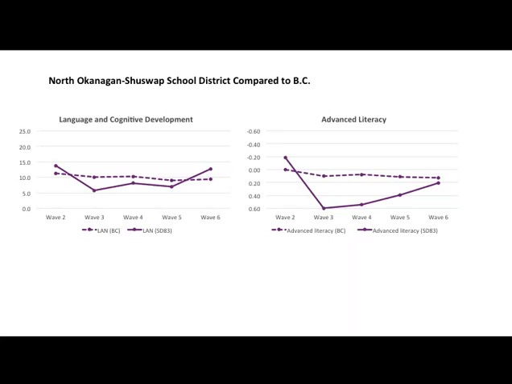It improved by an enormous amount between wave 2 and wave 3, and has been steadily creeping back towards the average since then. So one of the things that might be interesting is what happened between wave 2 and wave 3 in this school district, where we had such a huge improvement on advanced literacy during these early days, and it's been getting a little worse over time.